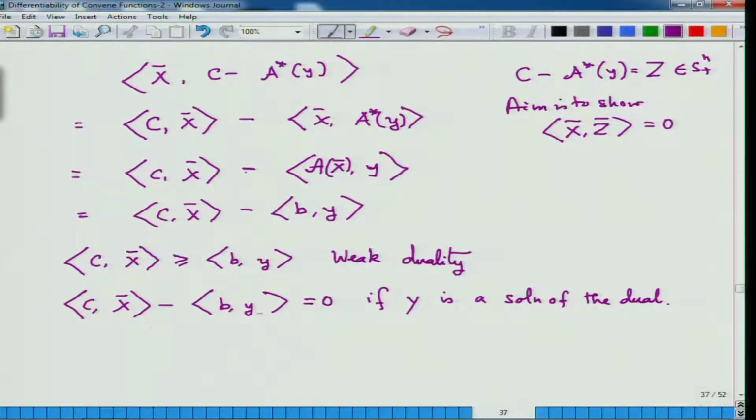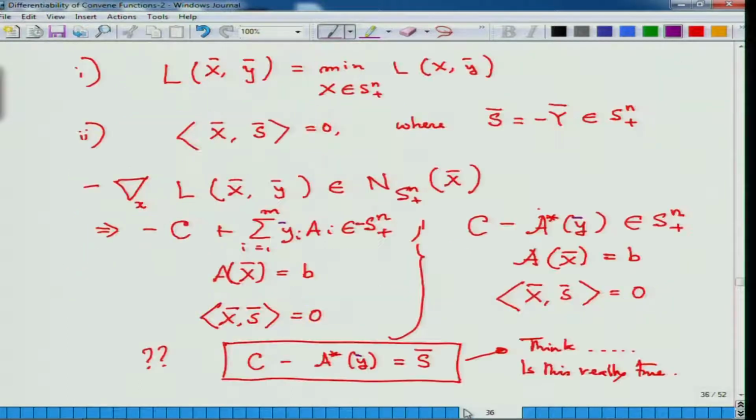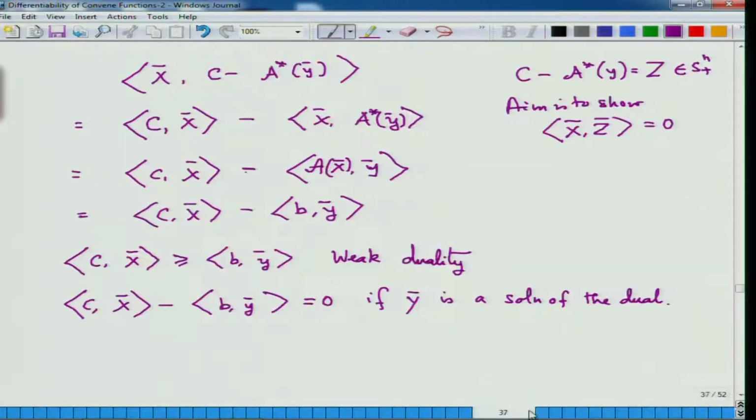Right, because y is a solution of the dual, strong duality will give me this equal to 0, which you already have an idea of. I missed the bar sign here on y, it should be y bar. I am sure you can figure out this mistake.